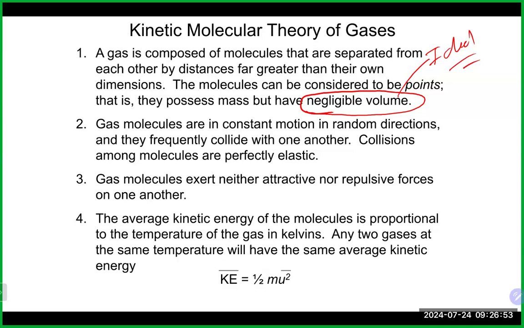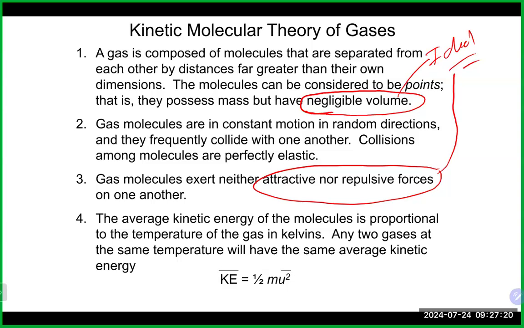These collisions are thought to be perfectly elastic. It is those collisions that contribute to the pressure that we see. More collisions, more pressure; fewer collisions, lower pressure. Number three, gas molecules exert neither attractive nor repulsive forces on one another. This is the second thing that makes something behave as an ideal gas.